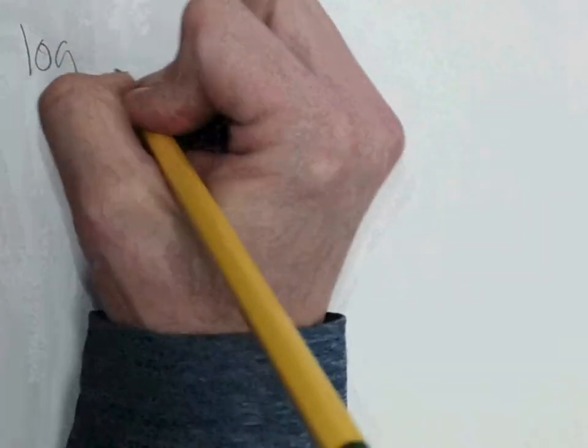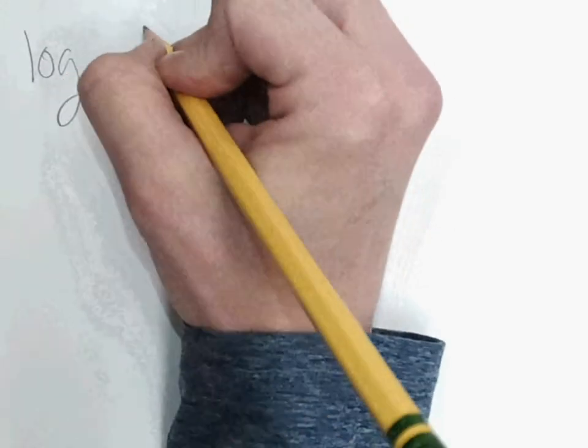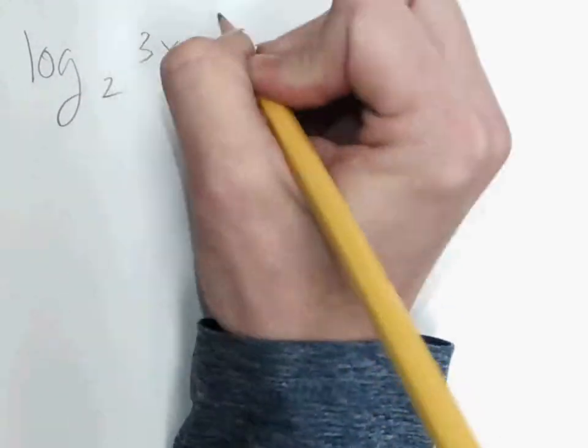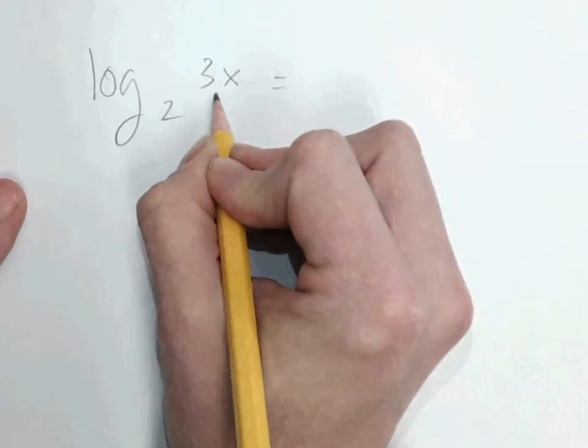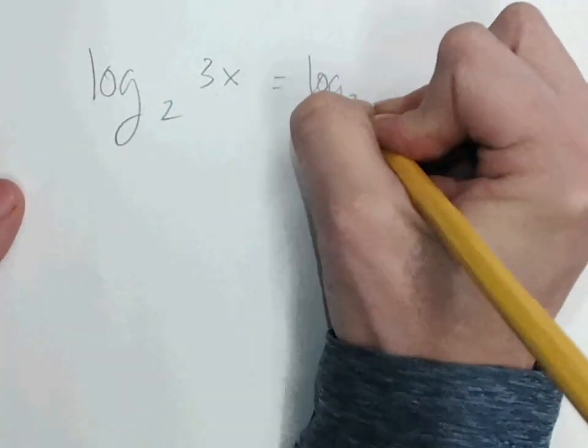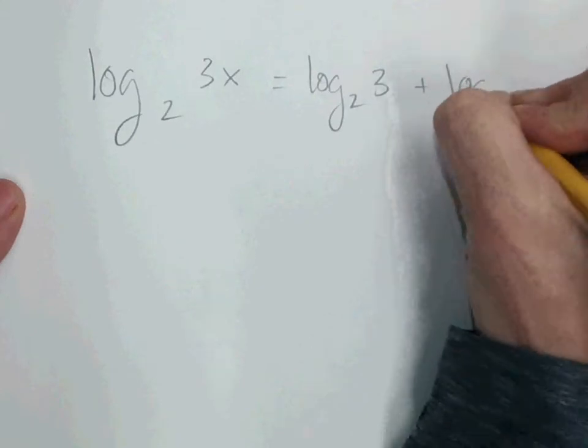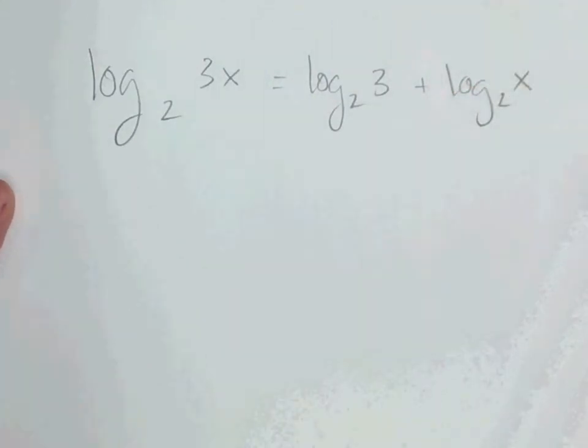If I had log base 2 of 3x, they're multiplied together, so I can separate them out into log base 2 of 3 plus log base 2 of x, right? We did a lot of practice using those in 10.4.